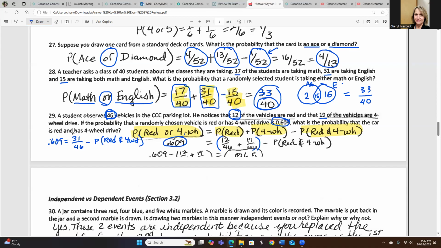So now we subtract this from both sides. I didn't show that step, but that's what has been done. And let's see what we get.